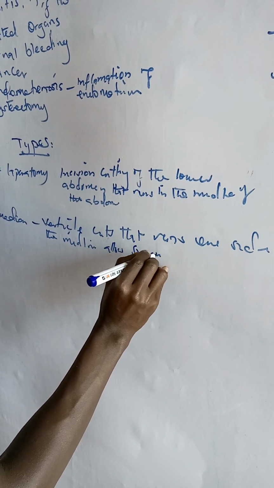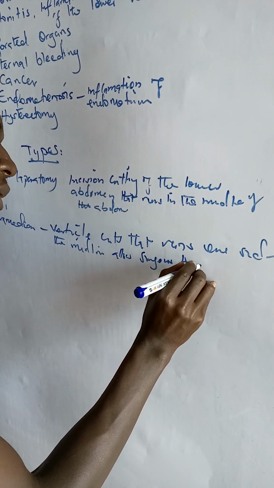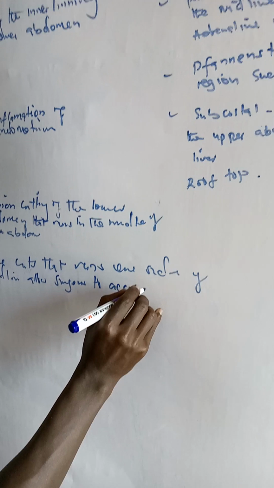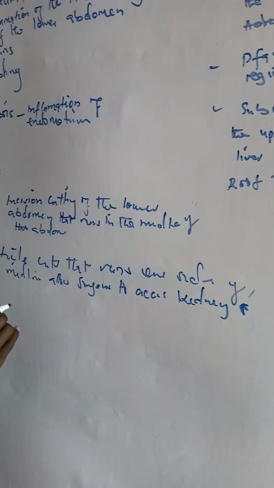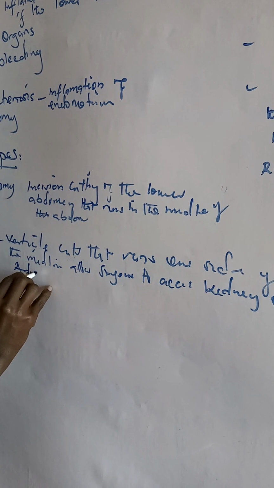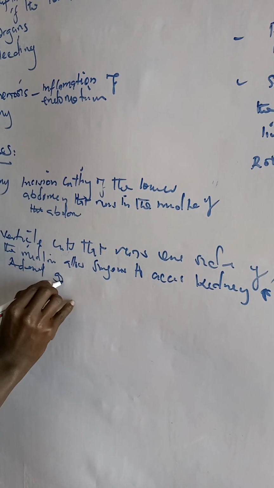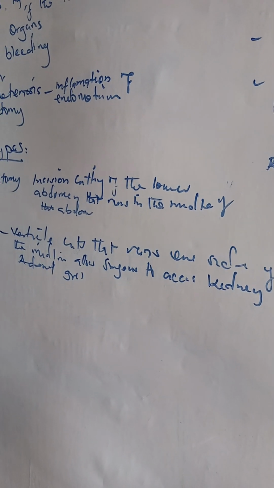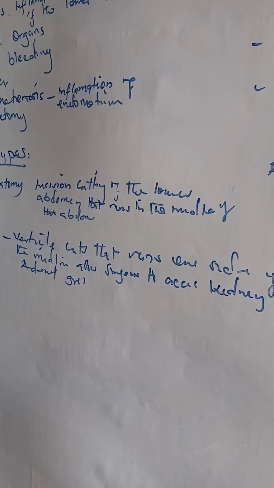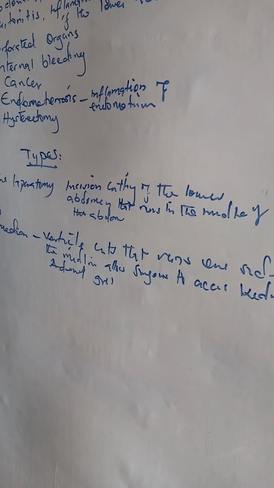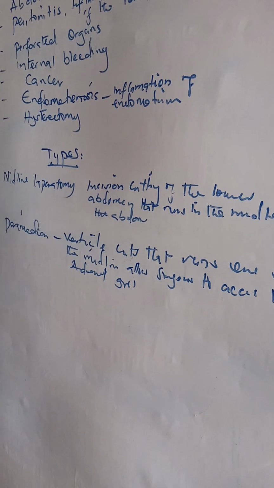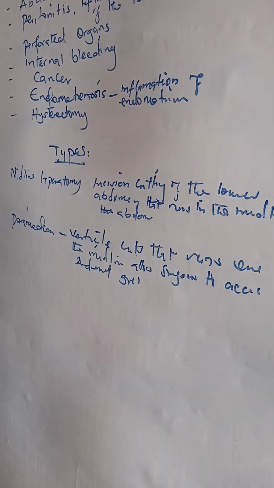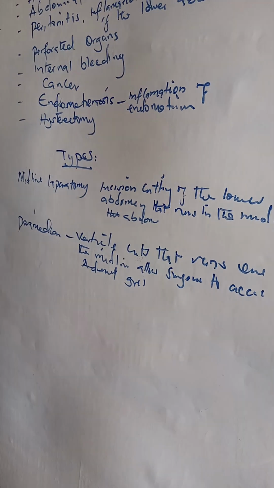So when the surgeon wants to operate, looking for the kidney and adrenal glands, then they should use the paramedian type of incision or paramedian type of open surgery.